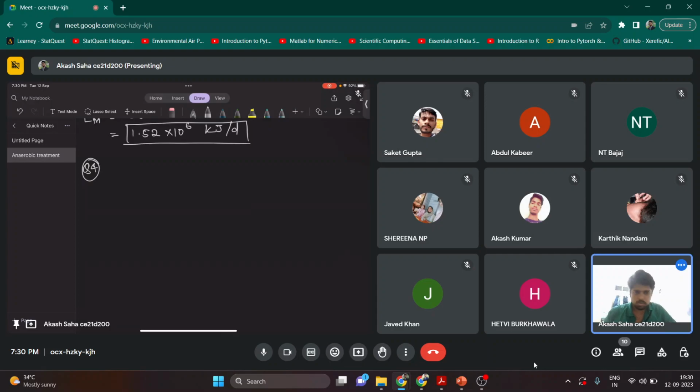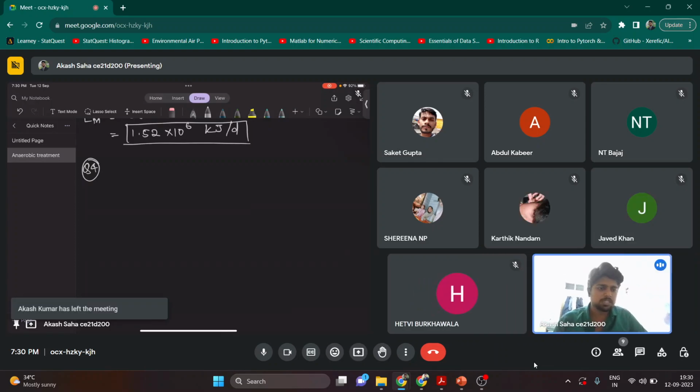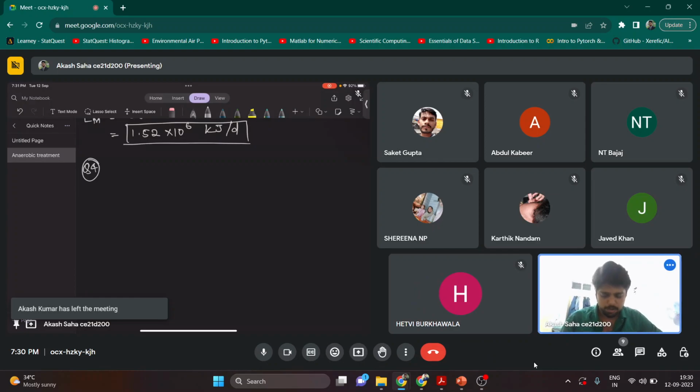So this is question number 4. If you see the general formula of conversion of any compound into CH4, CO2 and NH3 in terms of a, b, c, d, we can write it as CaHbOcNd plus 1 by 4 (4a minus b minus 2c plus 3d) H2O.